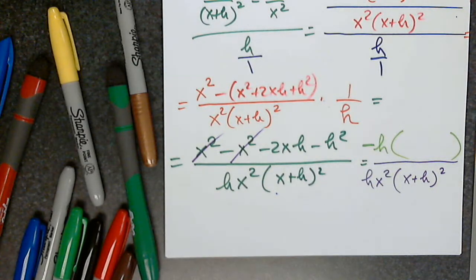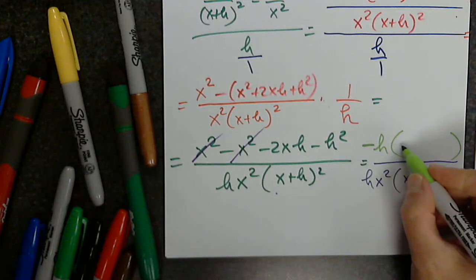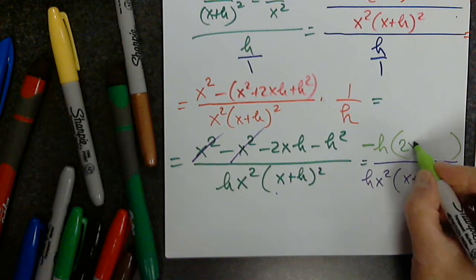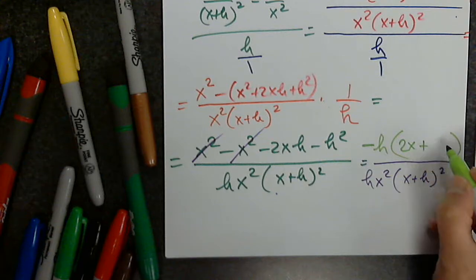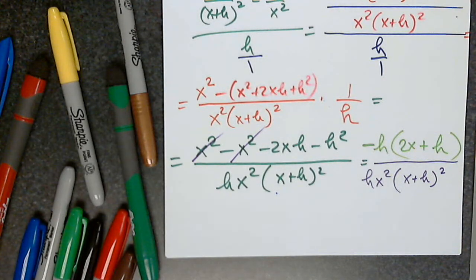And especially if the leading coefficient is negative, I will also factor out -1. What is left in parentheses? Perfect.